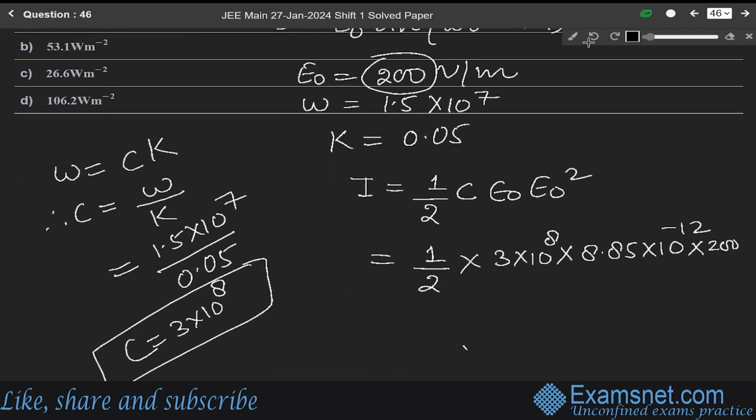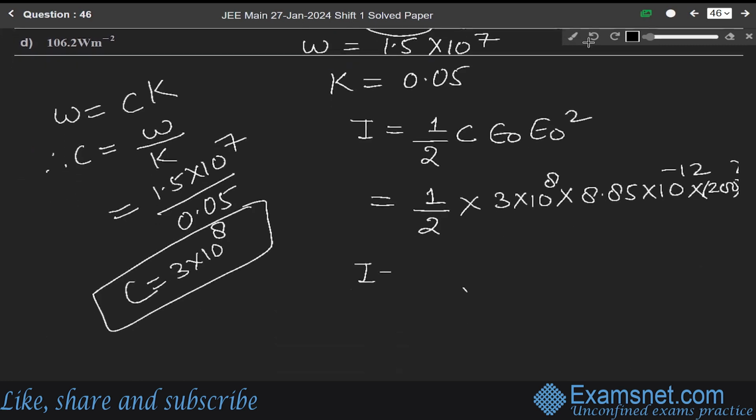So solving this, we get I is equal to 1 by 2 into 3 into 10 to the power 8 minus 12 into 8.85 into 4 into 10 raised to the power 4, means plus 4.